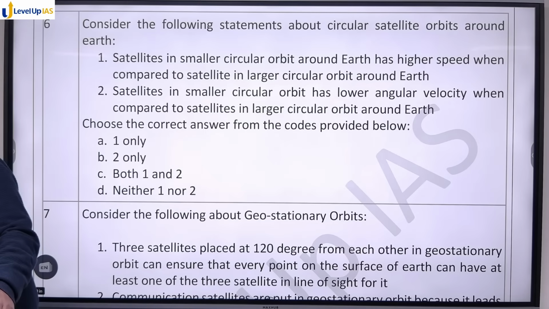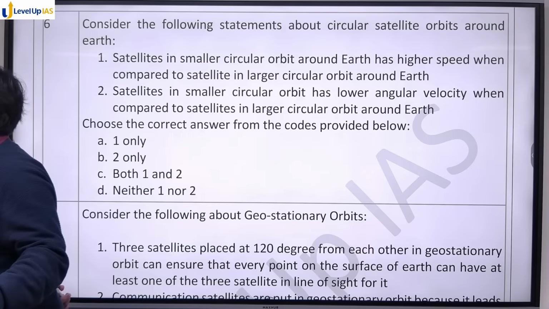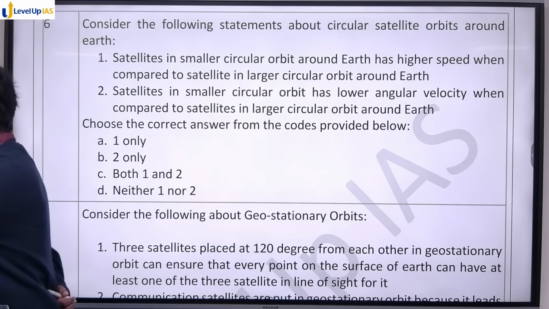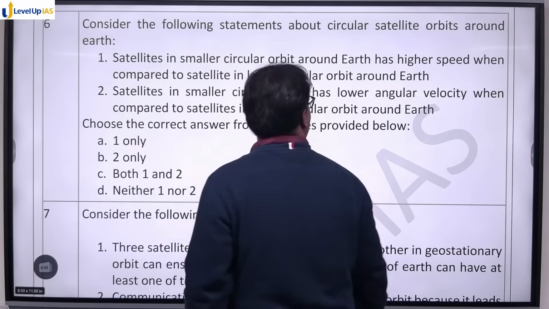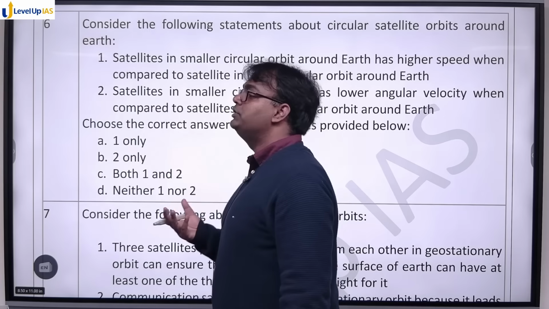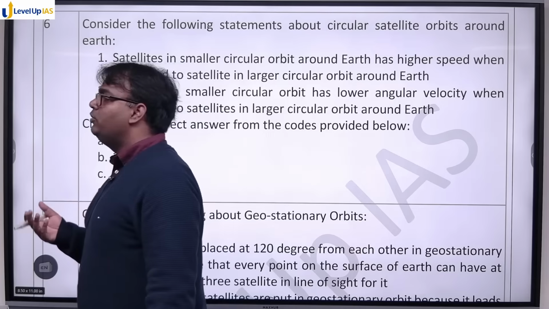I do not get into detailed formula, but what is your question? Angular velocity. We're talking about velocity. Angular velocity is simple.